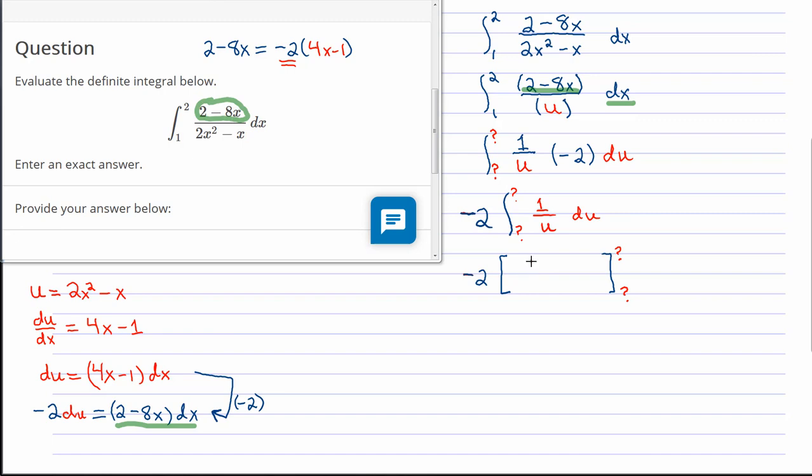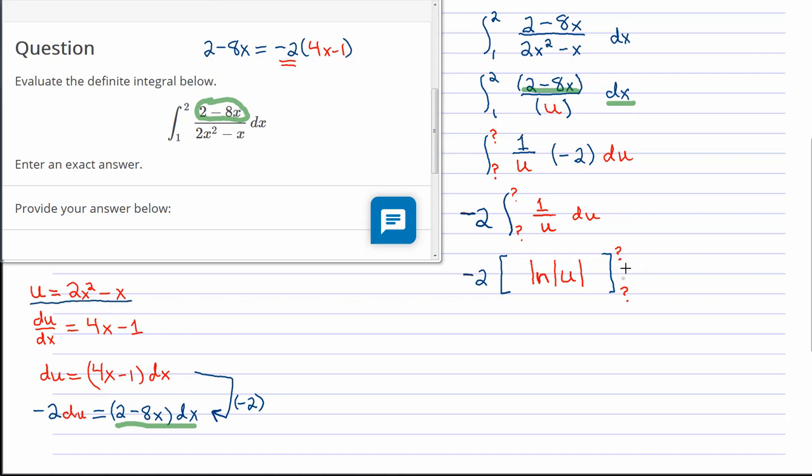You can pause the video and think about it if you want. Probably a good idea. But hopefully the thing you thought of was the natural log of the absolute value of u. That is, the antiderivative of 1 over u is the natural log of absolute value of u.